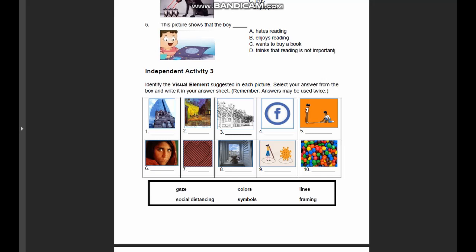Hindi na kailangan i-drawing ang mga nasa modules. Number 1. What kind of visual element does this picture suggest? Is it gaze, colors, lines, social distancing, symbols, or framing?